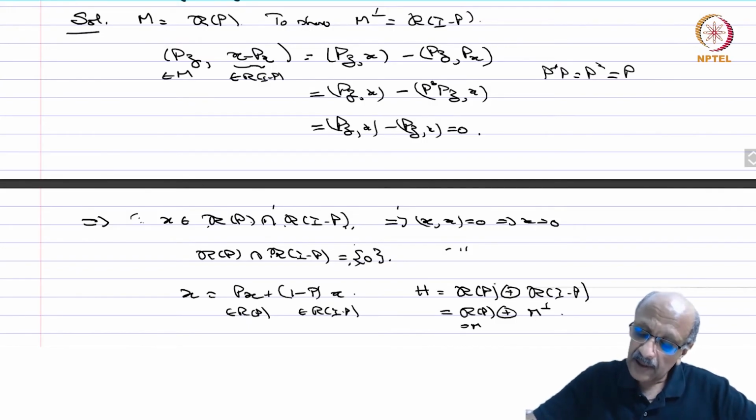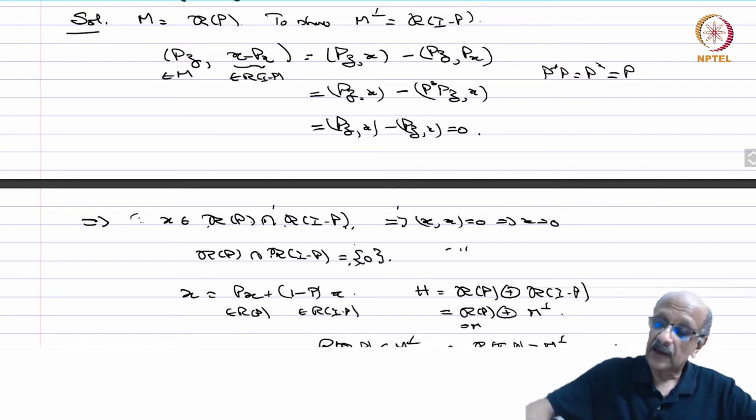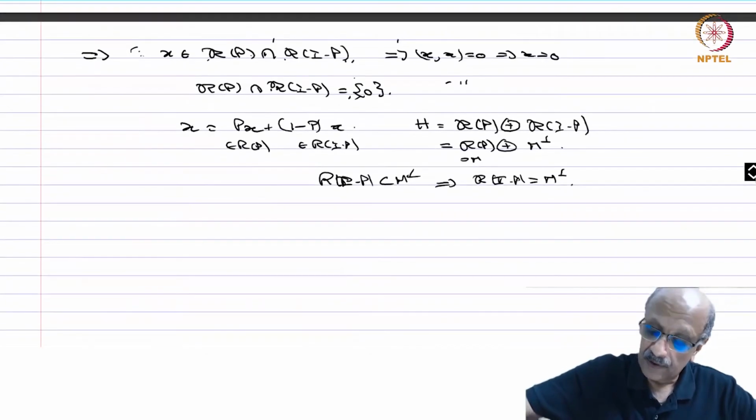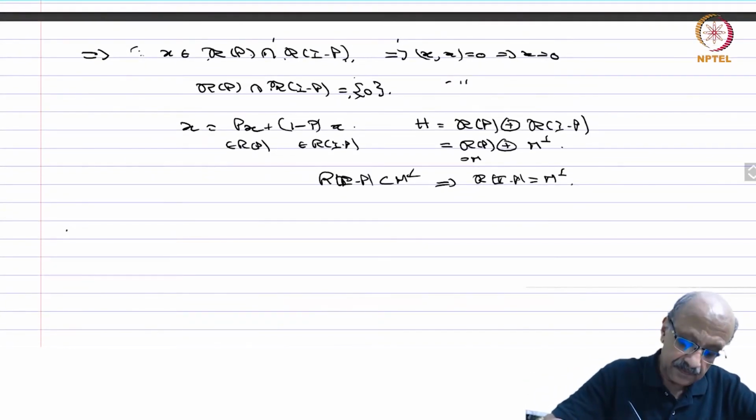Okay, and you have range of I minus P is contained in M perp, and therefore this implies that range of I minus P equals M perp. Okay, so that completes the proof. So that is then 5.